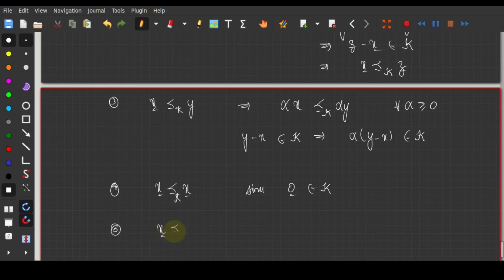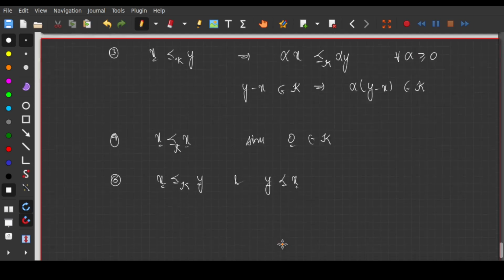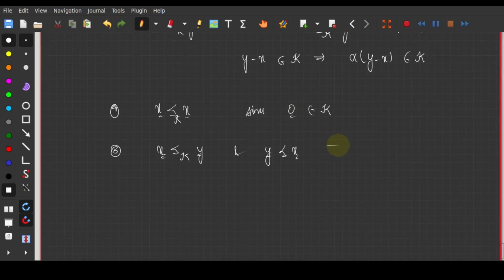Now, if X is less than or equal to Y and Y is less than or equal to X, then X is equal to Y, and why is that? Because the negative can't belong to the cone. Yes.